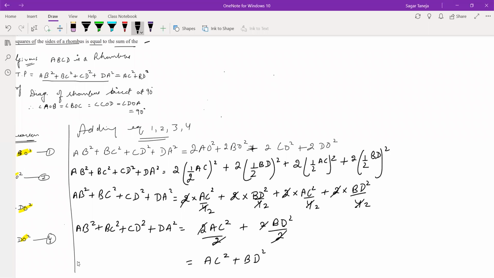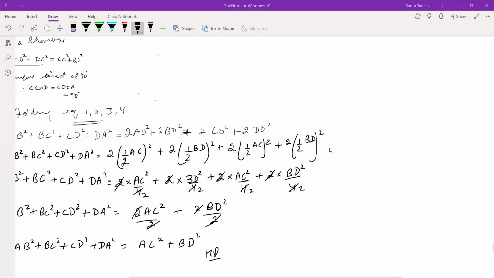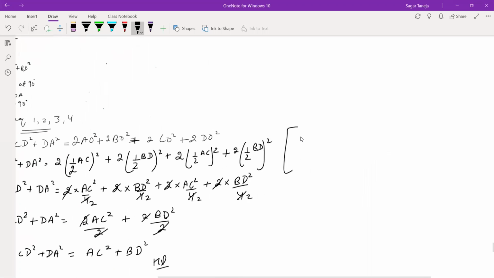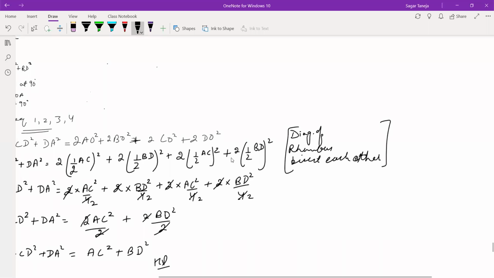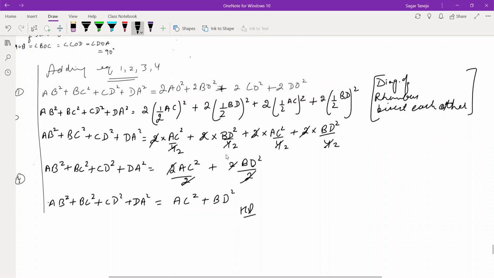that the sum of the squares of the sides of a rhombus is equal to the sum of the squares of its diagonals. Hence proved. And moreover, write here a reason. We have written half. Just write here the reason: diagonals of a rhombus bisect each other. Because of that, we were able to write this half. Note it down.